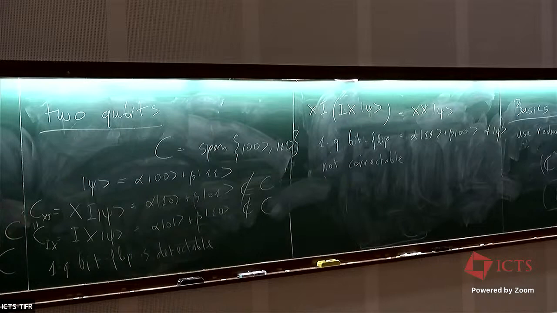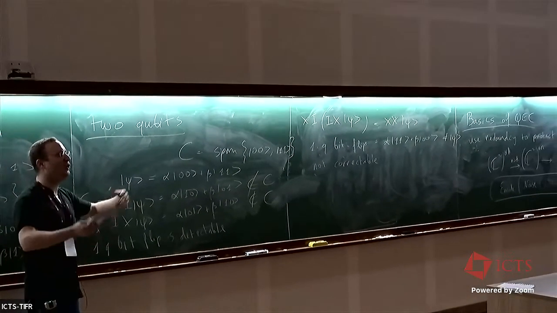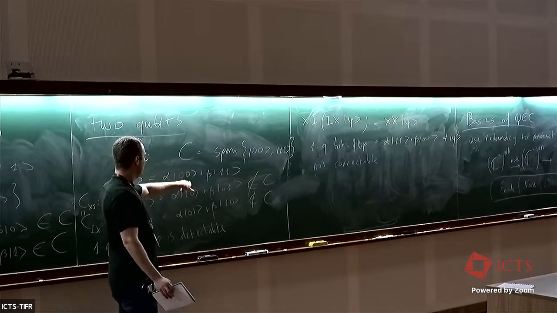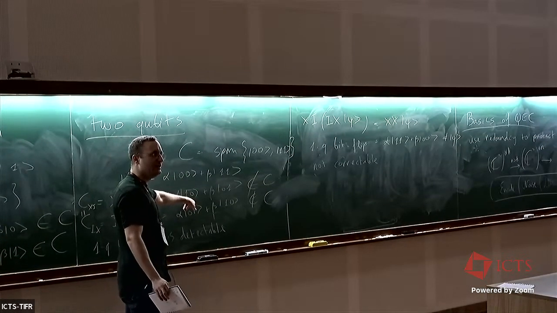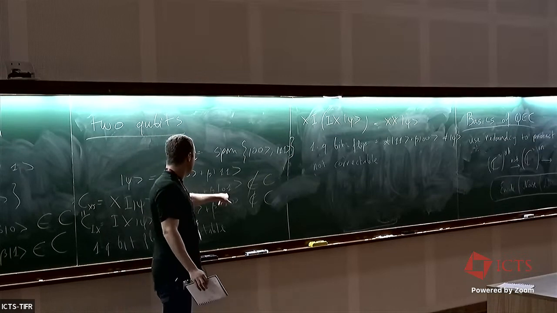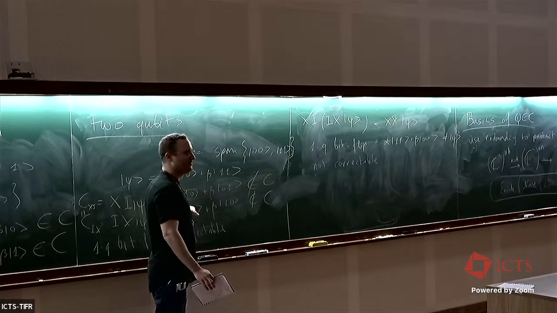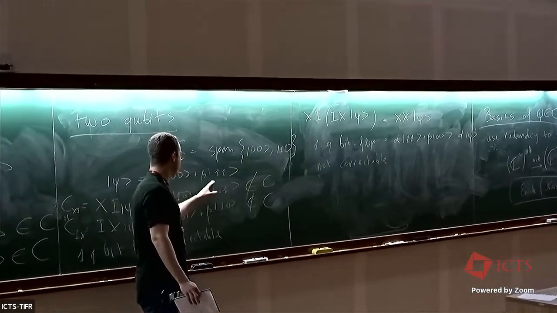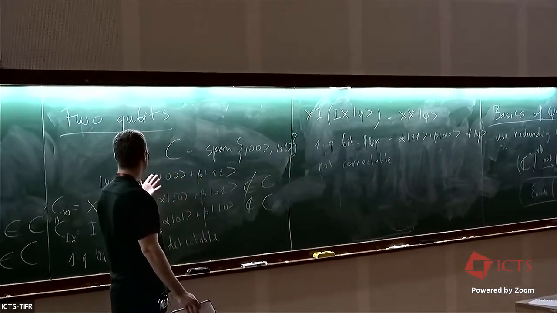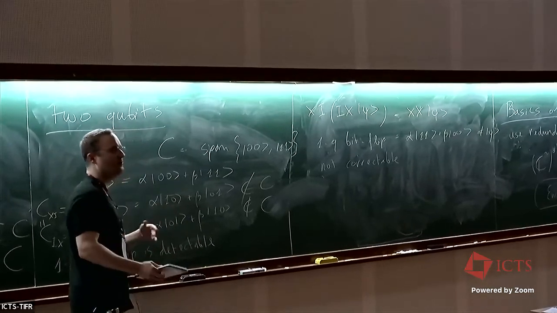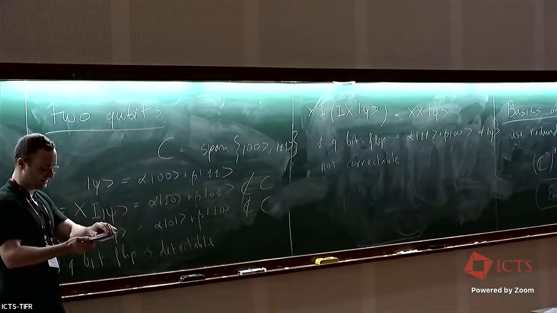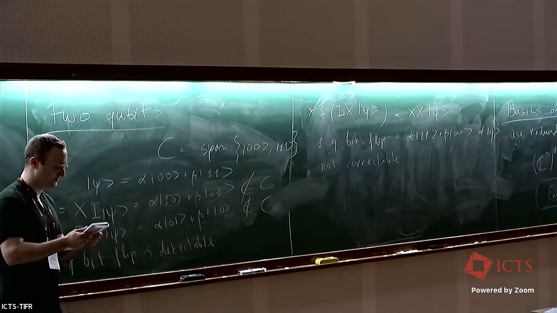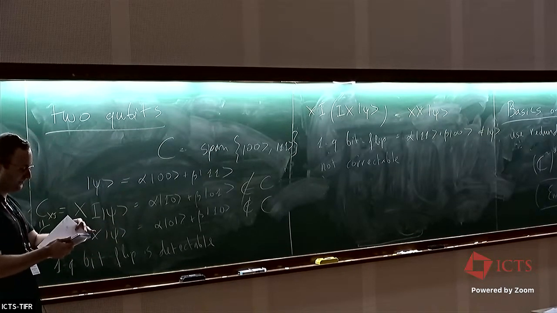I have to measure a global property of both qubits. For example, I have to check the parity of these two qubits. If the parity is odd, I know I'm in this space without collapsing the superposition. If the parity is even, I know I'm in the code space. We'll talk a lot about this in the next lecture. So we use parity measurements or check operators to detect these errors.